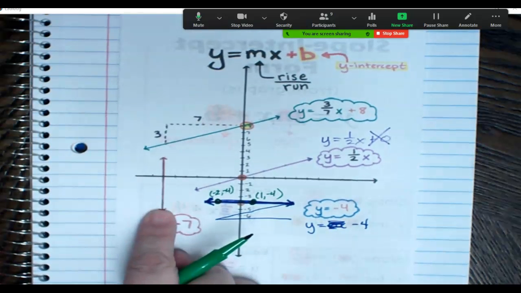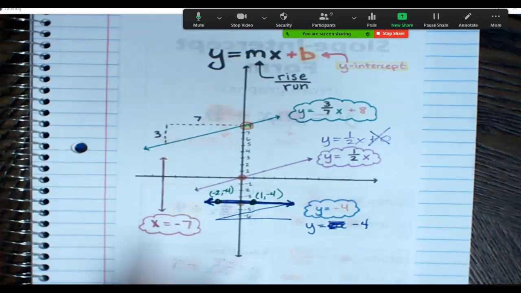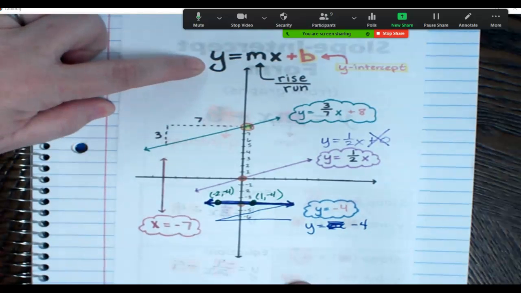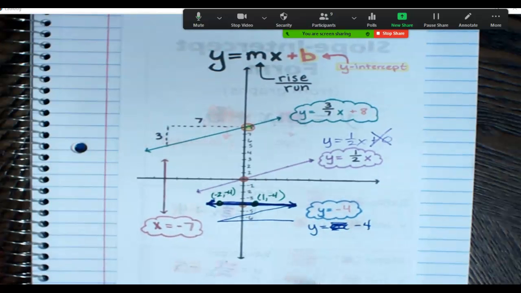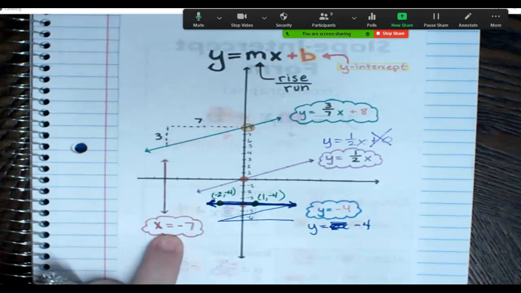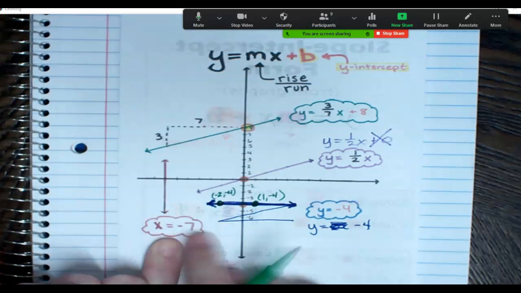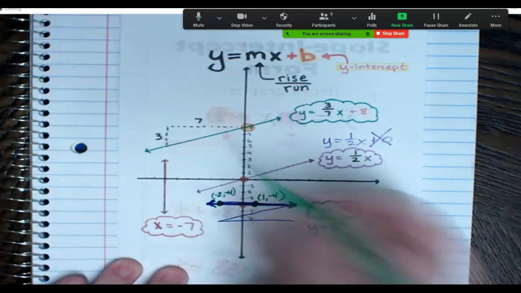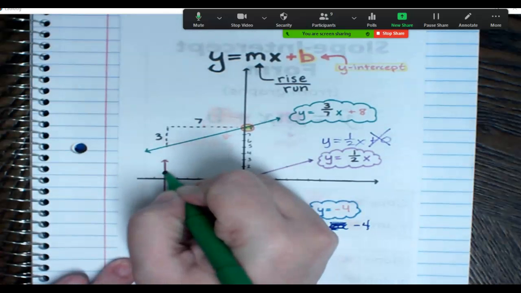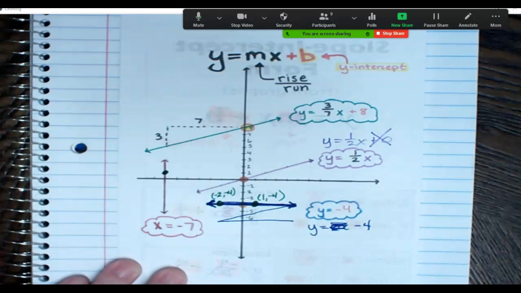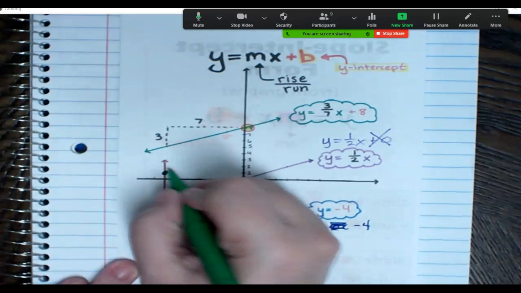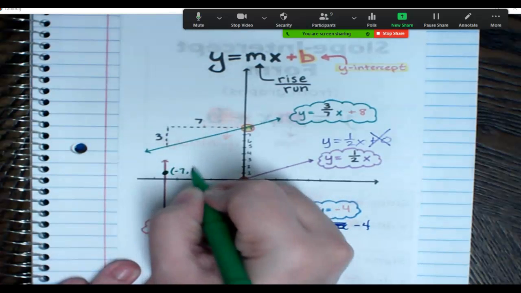Now, what kind of slope do vertical lines have? Undefined. So it's undefined, so I can't define it by using slope-intercept. So it's a special case. And we're going to use the same logic that we did here. Every x value is going to be negative 7. If I put my point right there on the line, what is that ordered pair? Negative 7, up 1.